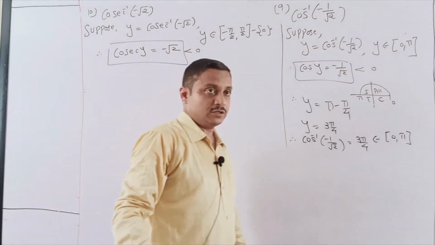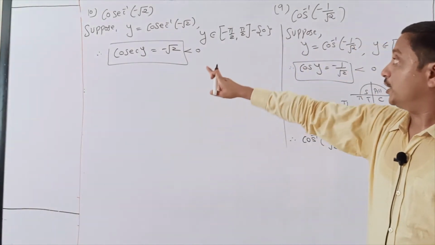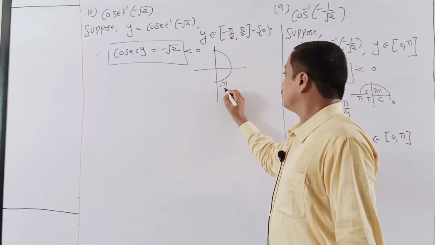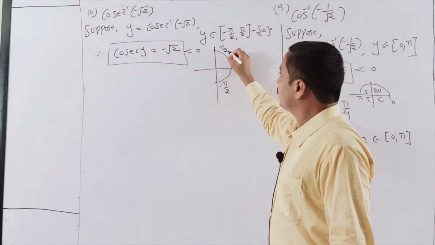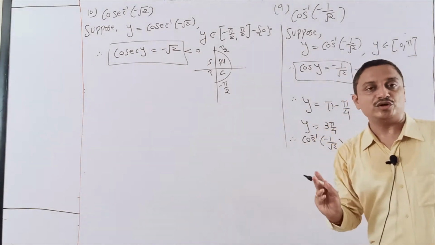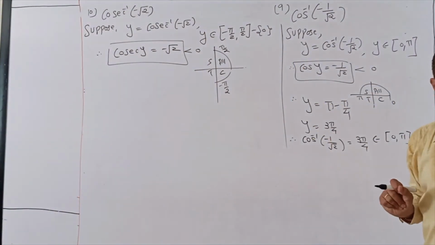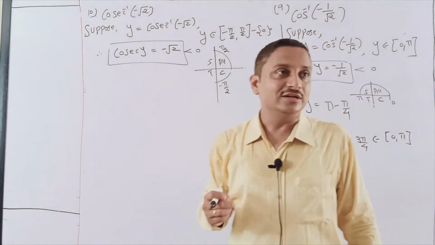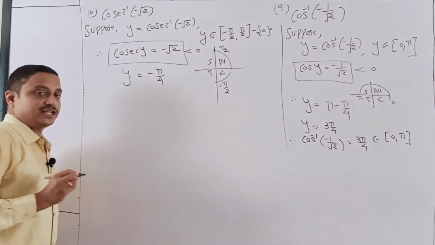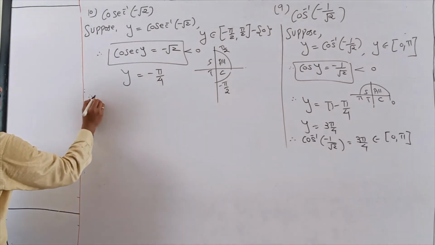So where is cosec negative in this interval? My interval is minus 90 to 90, all STC wise, first quadrant or fourth quadrant. Yes, it is the fourth quadrant. So I just write down here fourth quadrant negative, and when is it root 2? 45 degree.